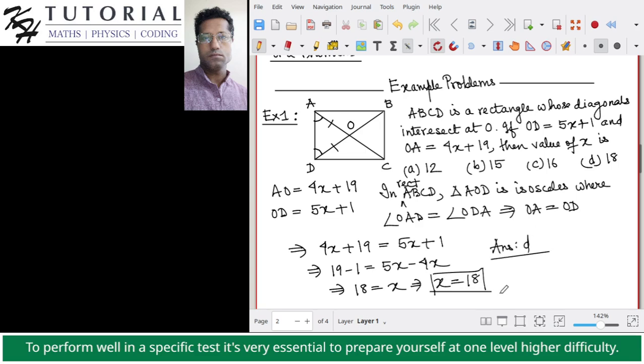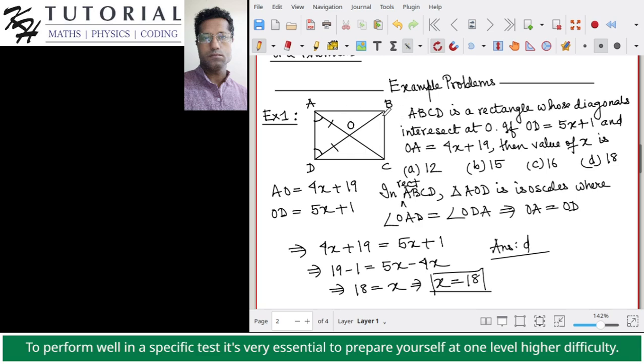So this was based on one property of the rectangle, that each side of a rectangle creates an isosceles triangle with the point of intersection of the diagonals, where the angles made by the diagonals at the opposite ends of a side are equal.